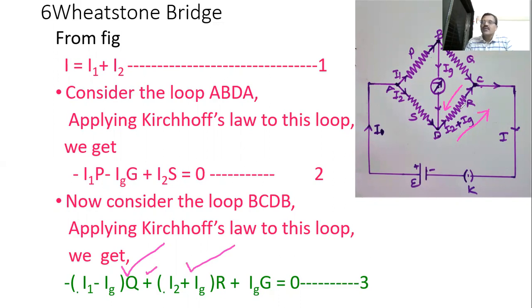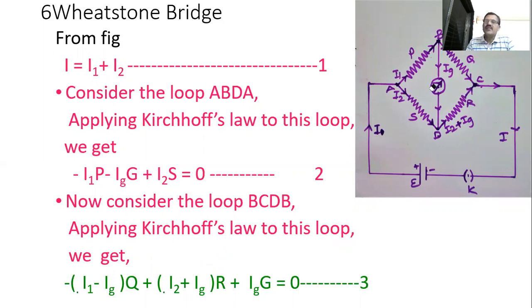Now, let's go from D to B. Here, the direction of tracing is from D to B, and the direction of current is B to D. Here also, these two directions are opposite, and as these two directions are opposite, the potential difference across this galvanometer must be positive.